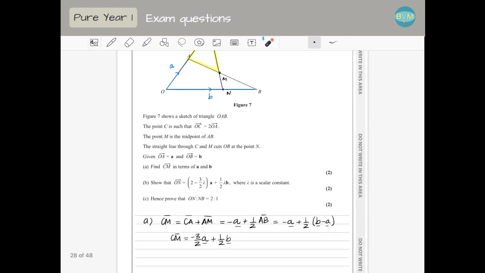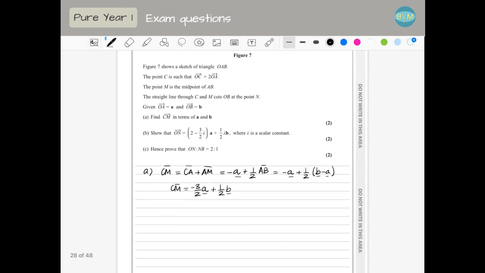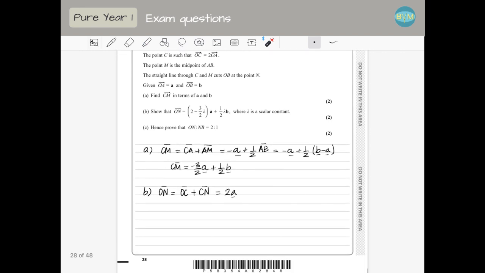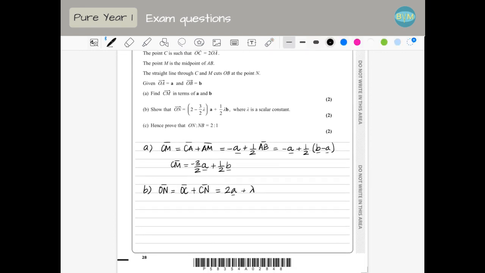So ON is OC plus CN. OC, we say, is 2a, so this whole vector. And then CN is going to be this one multiplied by a scalar, so lambda multiplied by CM that I found in the question before: minus 3/2 a plus 1/2 b.